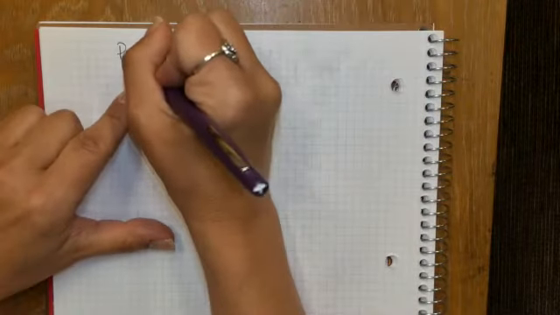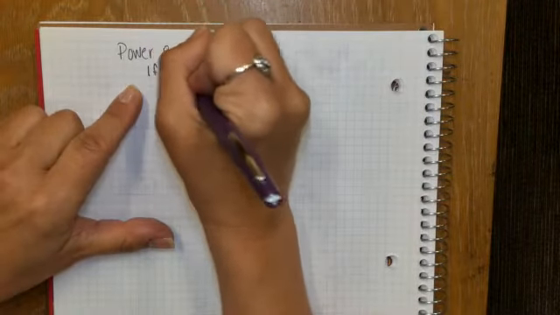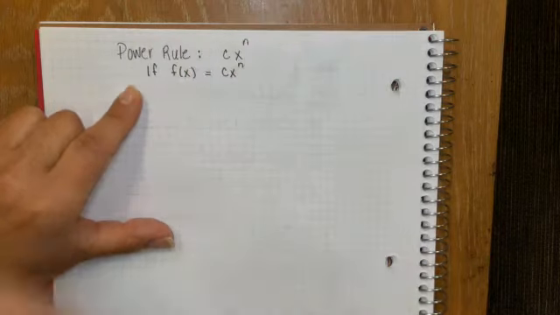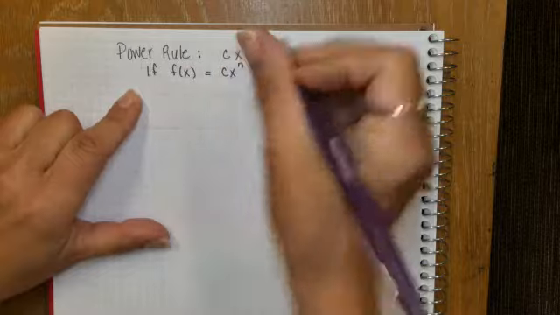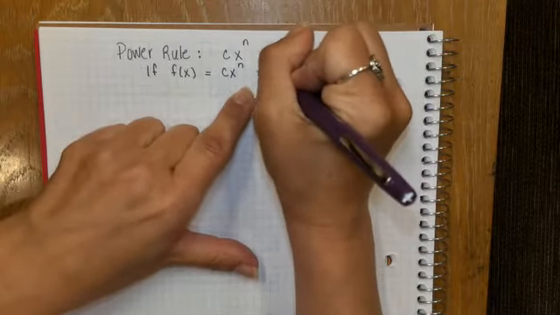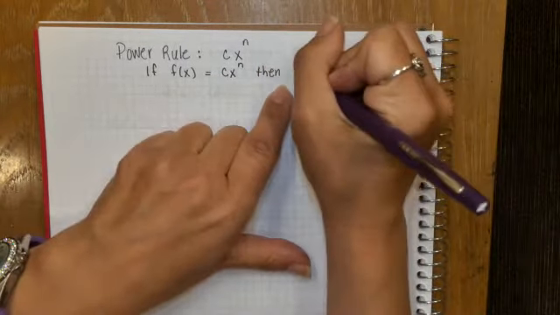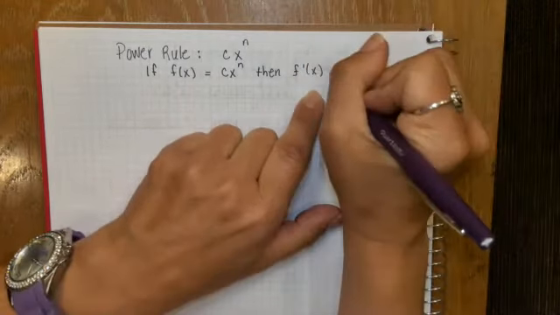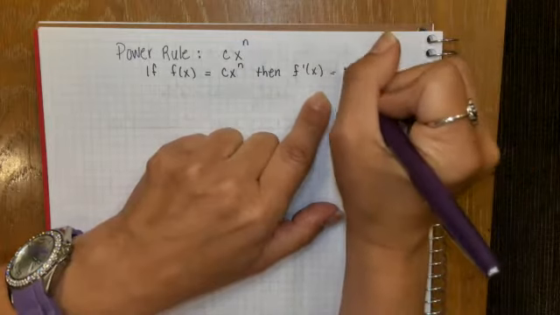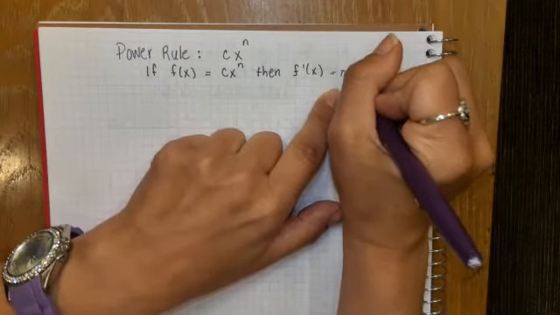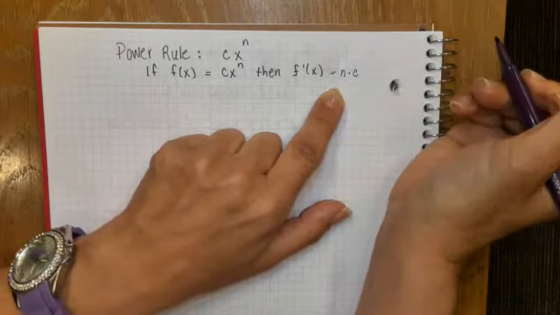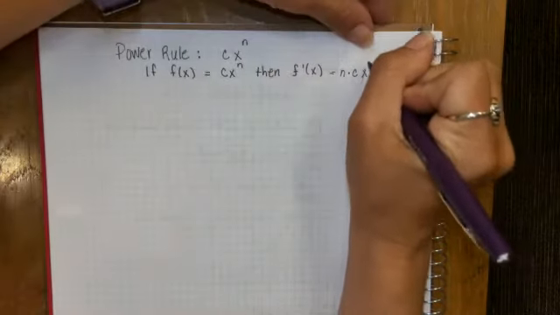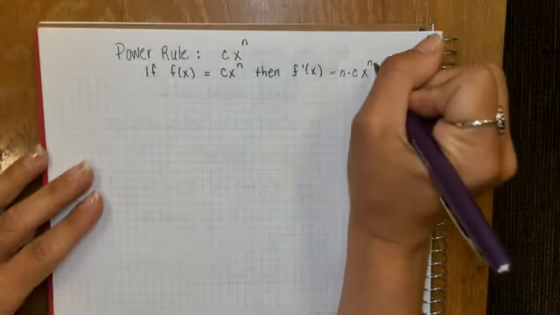I'm sorry, this should really say if f of x is cx to the n. That's better notation. Then f prime of x, the derivative: the exponent n comes down in front and gets multiplied by the coefficient, and then decrease the power by 1.